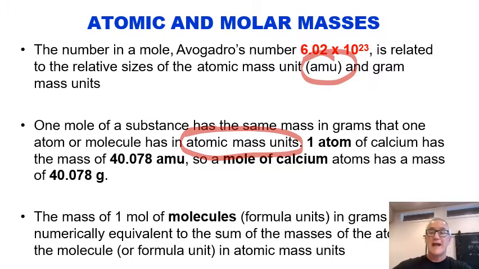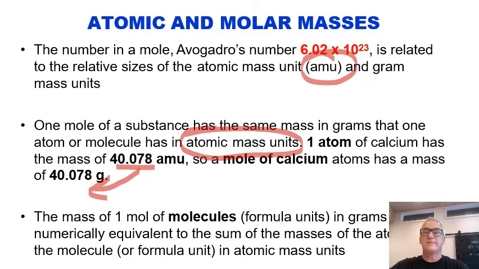So if 1 atom of calcium has the mass of 40.078 atomic mass units, we can't measure atomic mass units in the lab unless you had a really big machine that gives you precise numbers. We have scales, we have balances, we can measure grams. Well, luckily, it's exactly the same number of grams.